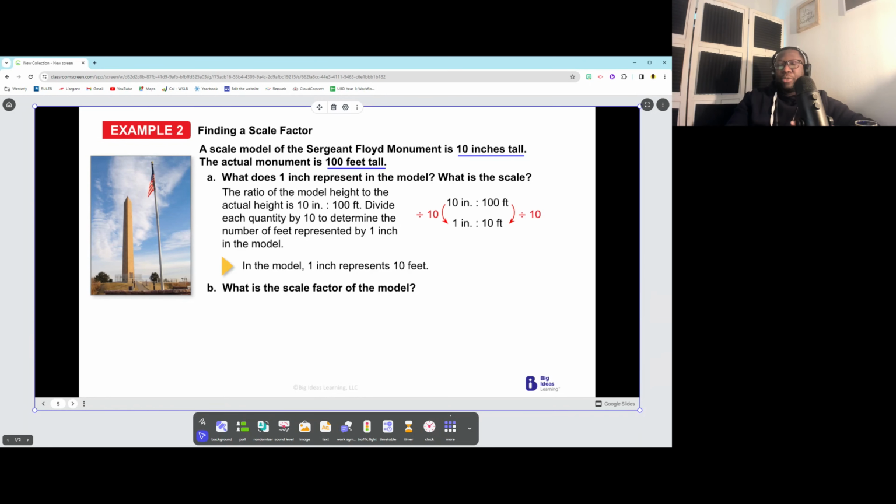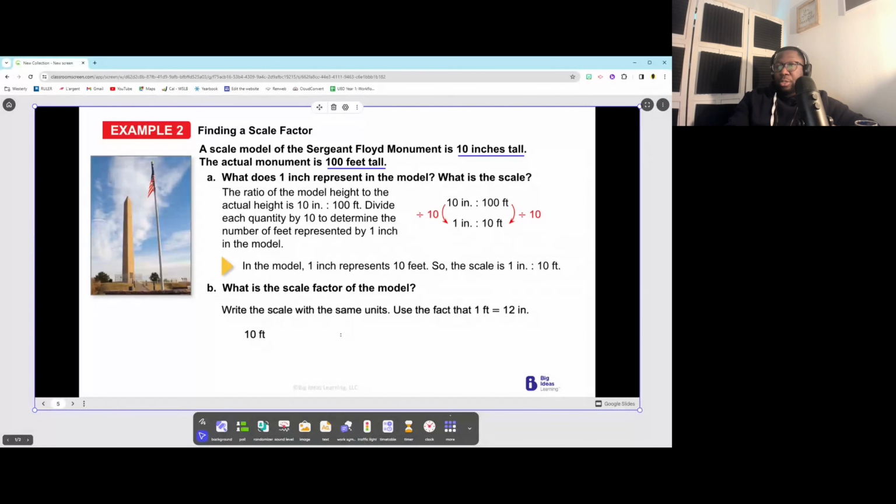So what is the scale factor of the model going to be? Well, 1 inch represents 10 feet, and we want to make sure that our units are correct. 1 foot is equal to 12 inches, so 10 feet would be equal to 120 inches.